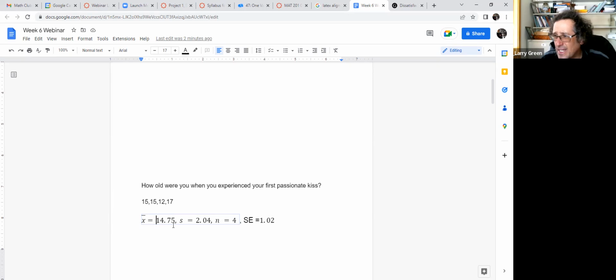Another way of saying it is we could be 95% confident that the population mean is somewhere between 12.71 and 16.79. Any questions on that?